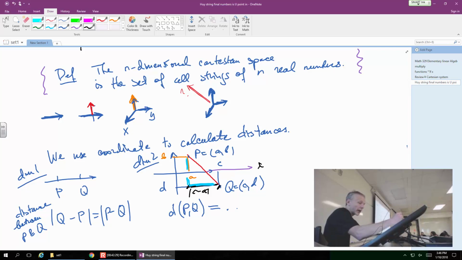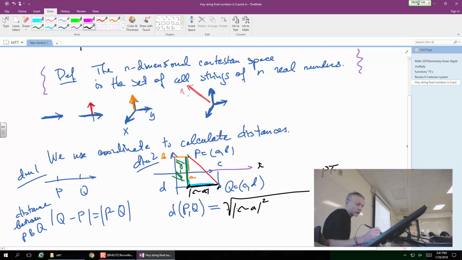So I'm looking at this part over here, this one. B minus D, absolute value. Okay, so we have two sides, and the Pythagorean theorem gives me the square root of C minus A, absolute value squared, plus B minus D, absolute value squared. And usually the absolute value is dropped because it's squared anyway. So that's the distance formula.